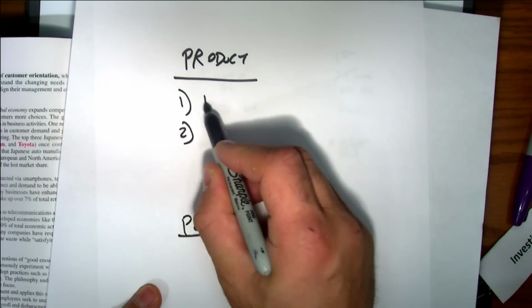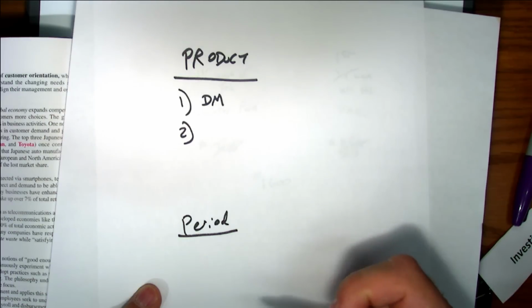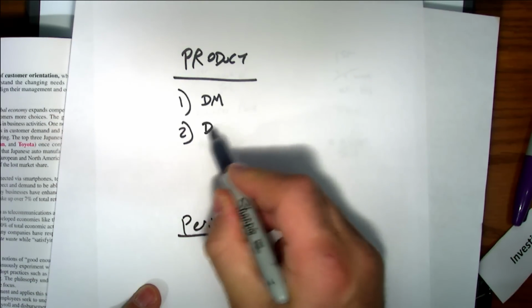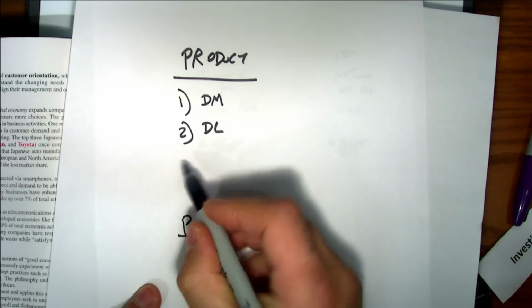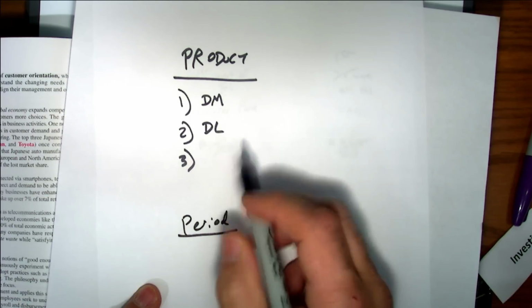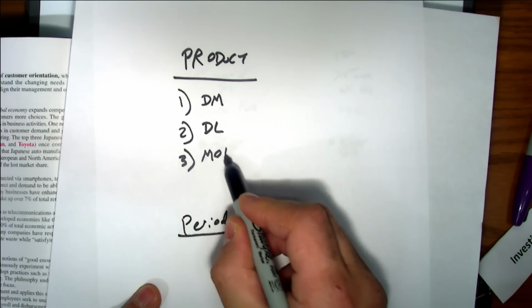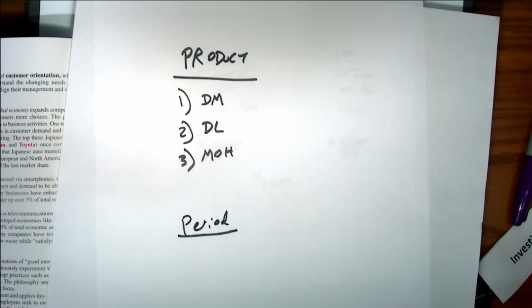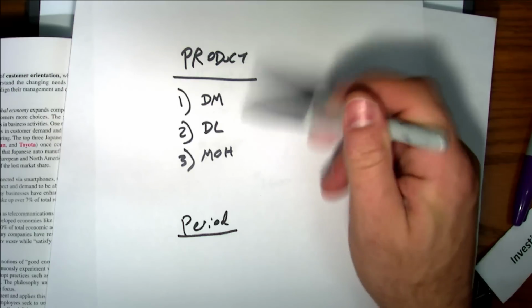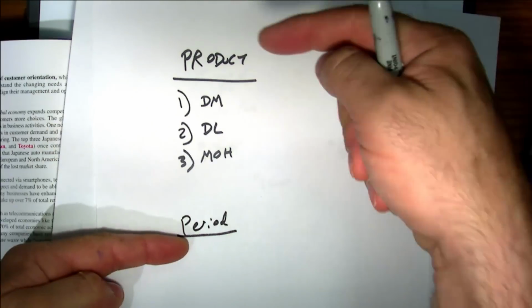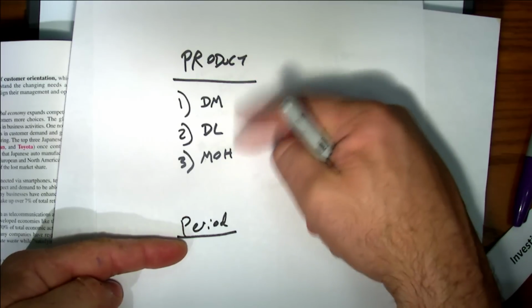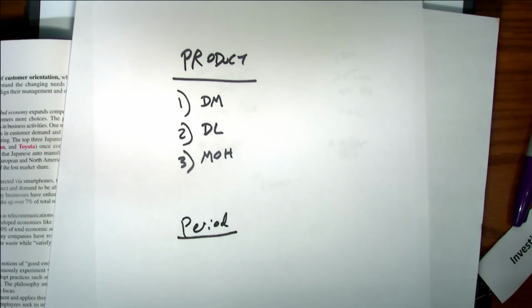There is direct materials, which I'll abbreviate DM. There's direct labor, which I'll abbreviate DL. And there is manufacturing overhead, which I will abbreviate MOH. Now, sometimes that's called factory overhead, and that's the same thing. But those are the 3 product costs. We can classify it this way or this way. If it's a product cost, it has to be one of those. Are you with me? Okay.